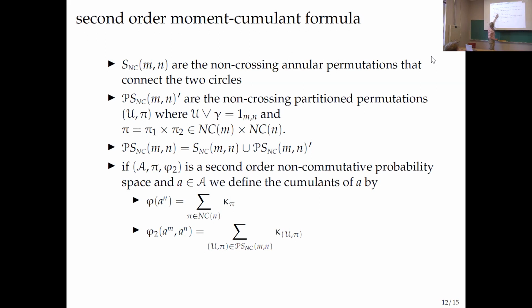And then, I don't really have good notation, but I'm going to call PSNC MN primed the non-crossing partitioned permutations where the pi doesn't connect the two circles, but U has one block, which is a cycle from one and a cycle from the other, and all other cycles are cycles of pi. And so we call that PSNC MN primed. I take the union of those two things and call it PSNC MN. And then the formula is, okay, if I have a second order... whoops, I left off a phi, sorry.